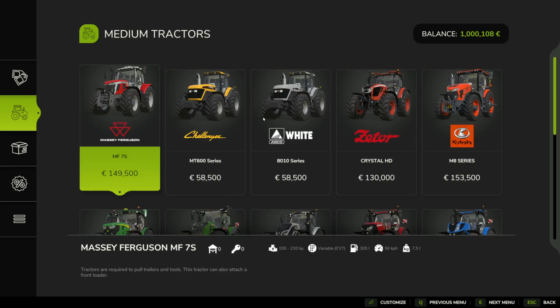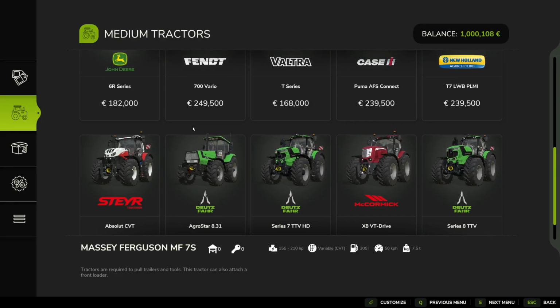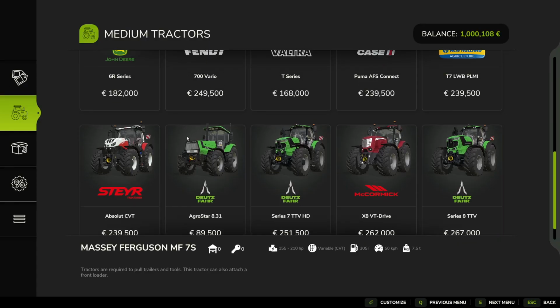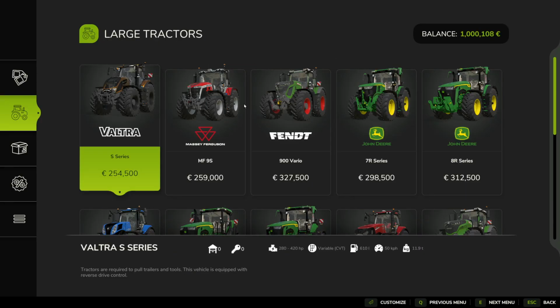I think it's at least a medium one, or rather a bigger one. I'm not so experienced with John Deere tractors that I always see which number it has.